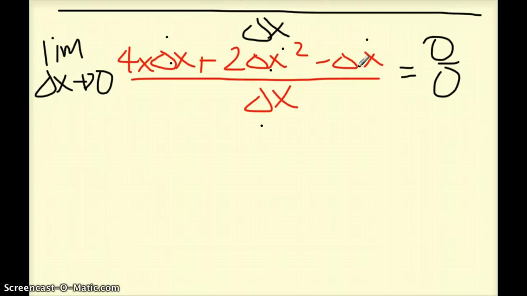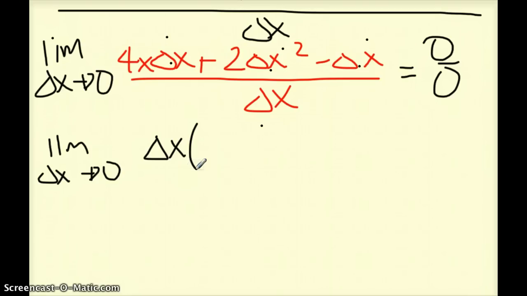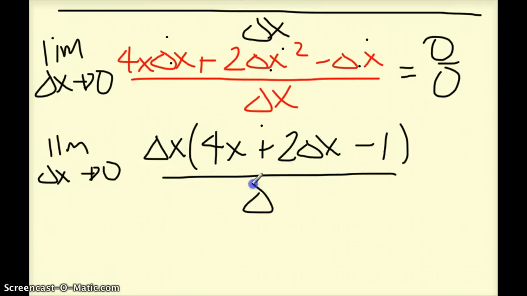So I'm going to pull out that delta x. And if I factor this, I get 4x plus 2 delta x minus 1 divided by delta x. So like we said, when you factor and you have the indeterminate form 0 over 0, what's one of the things you're looking to do? Good. I'm hoping you said cancel, and that's exactly what happens to my delta x's.